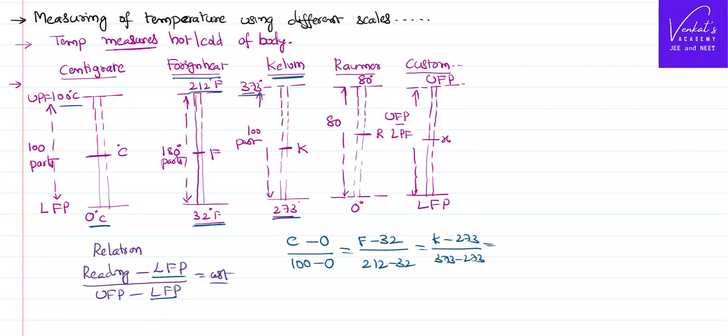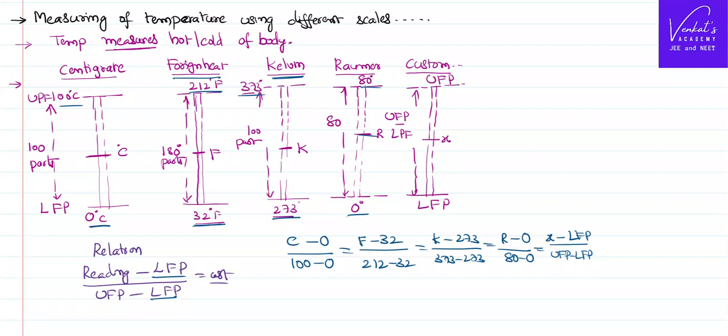When you come to the Reaumur scale, you call that reading as R, lower is 0, upper is 80 minus lower 0. And you design your own scale, let you call reading that as X, lower fixing point by upper fixing point minus lower fixing point.